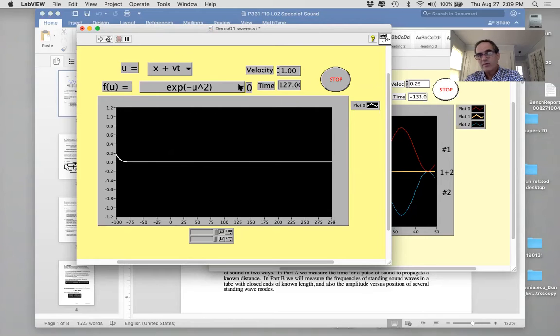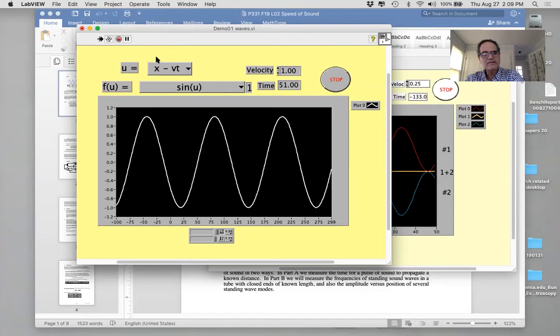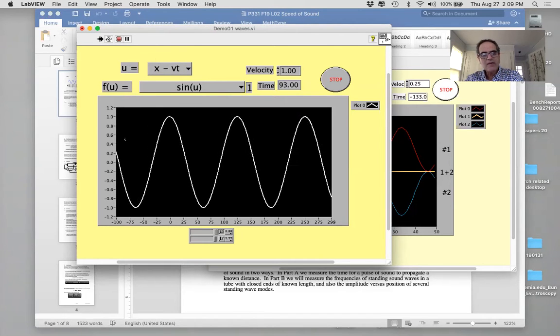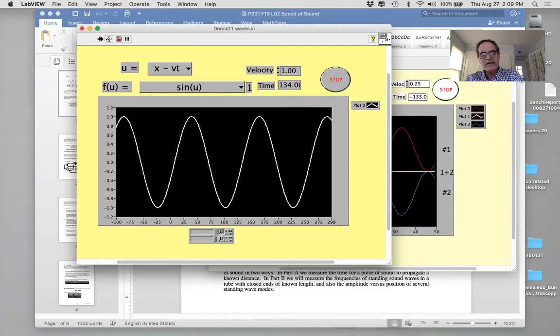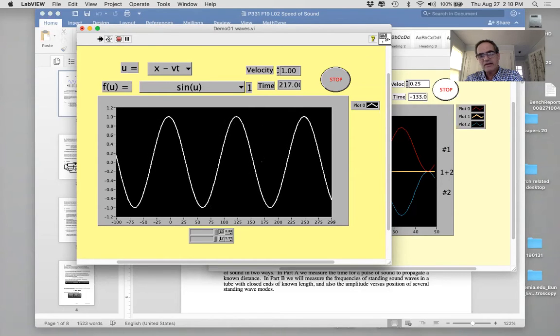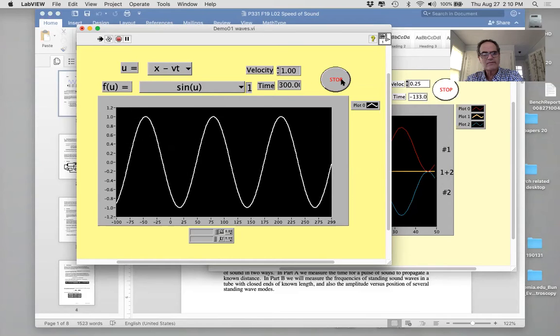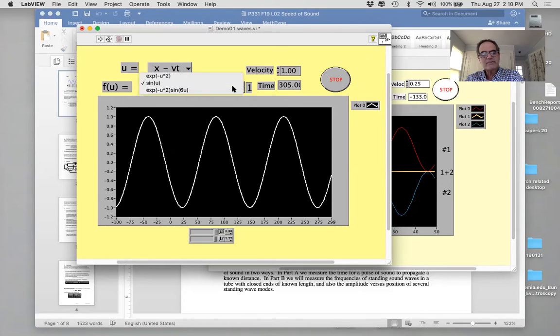As I said, the wave can have any shape we like. Here it had a Gaussian function, but it could have a sinusoidal function, like so. Here, let's change this back. There we are. Now we see our well-known wave shape that has a well-defined amplitude and wavelength and frequency. Okay, sinusoidal wave. But it doesn't have to be one of these types.